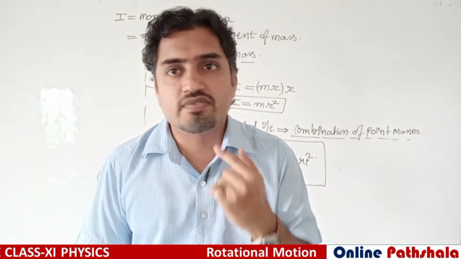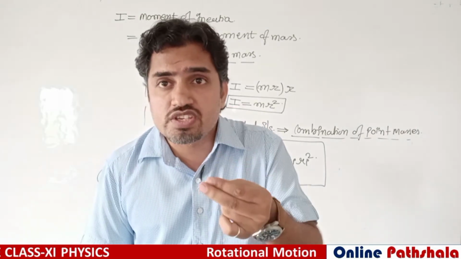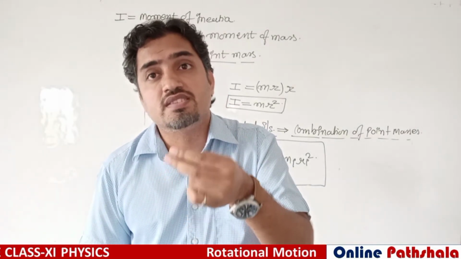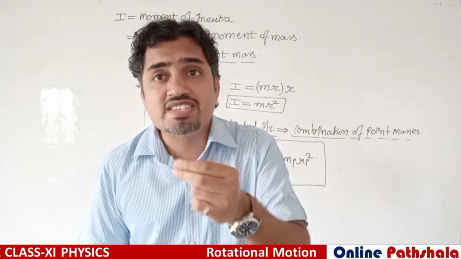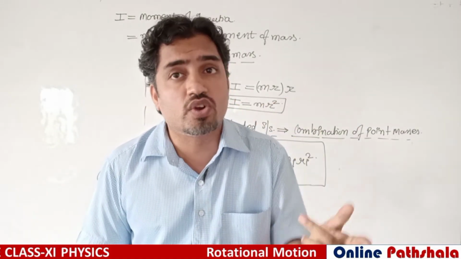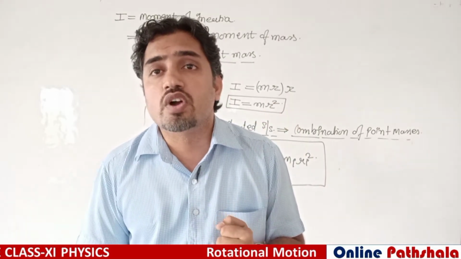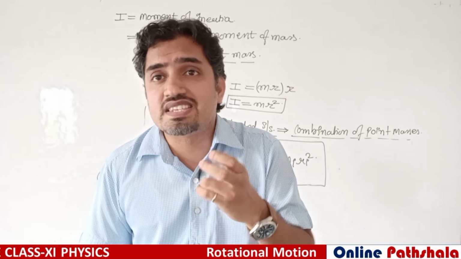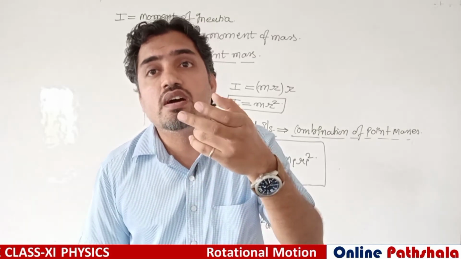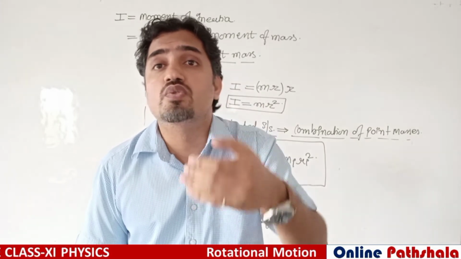Now, the axis of rotation is very important. About which axis are you finding the moment of inertia? If you change the axis of rotation, the moment of inertia will be different. So about which axis your body is actually rotating, you have to remember.